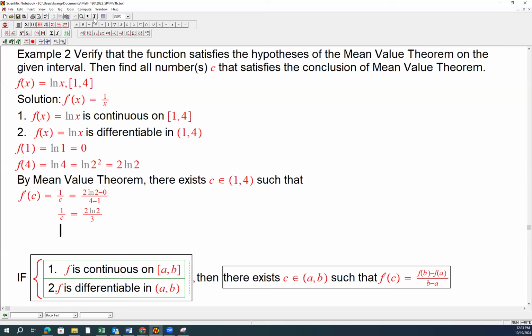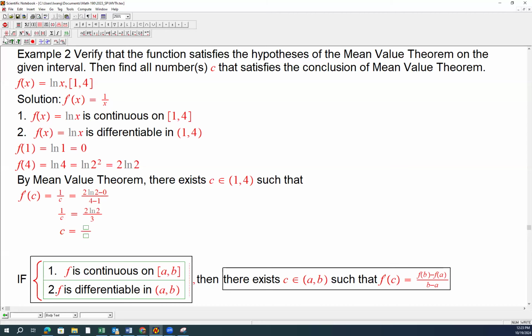So c is equal to 3 flipped to the top over 2 times ln 2. So that's what c is. Okay, so that is the mean value theorem applied in this example.